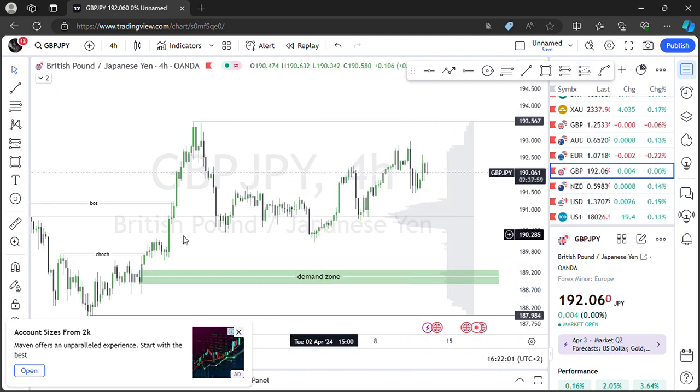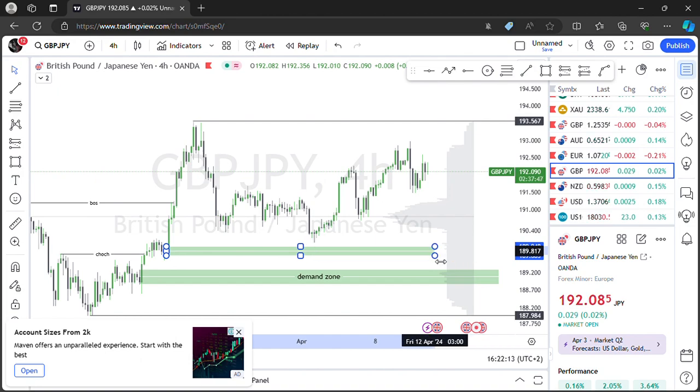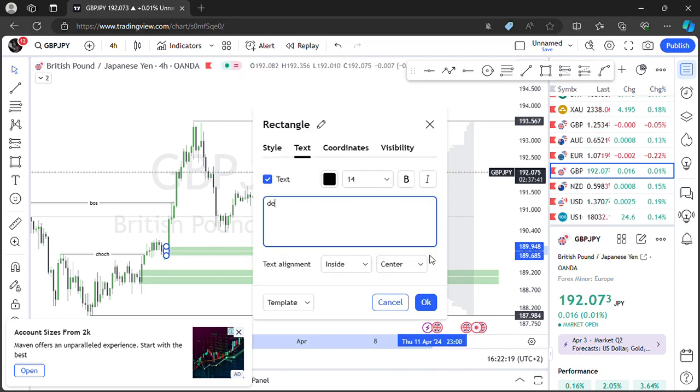We also have a second demand zone, which is this one here. At some point, if I'm looking for selling opportunities, I'll definitely be targeting the overall demand zone, the extreme demand zone.